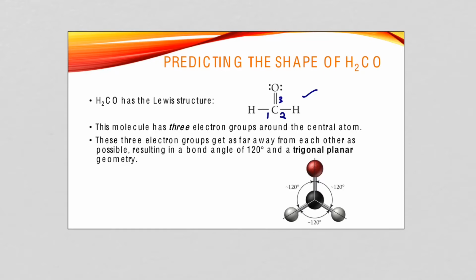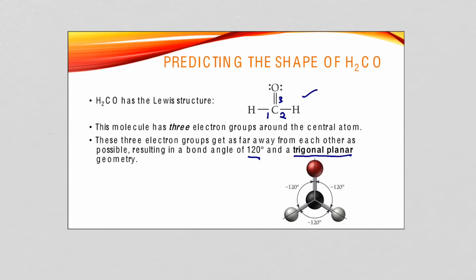If we think again about 360 degrees, we can get 3 groups separated by 120 degrees around that central atom. So we'll have bond angles of 120, and this is called trigonal planar geometry. Trigonal because of the triangle shape, and planar because the molecule is flat.